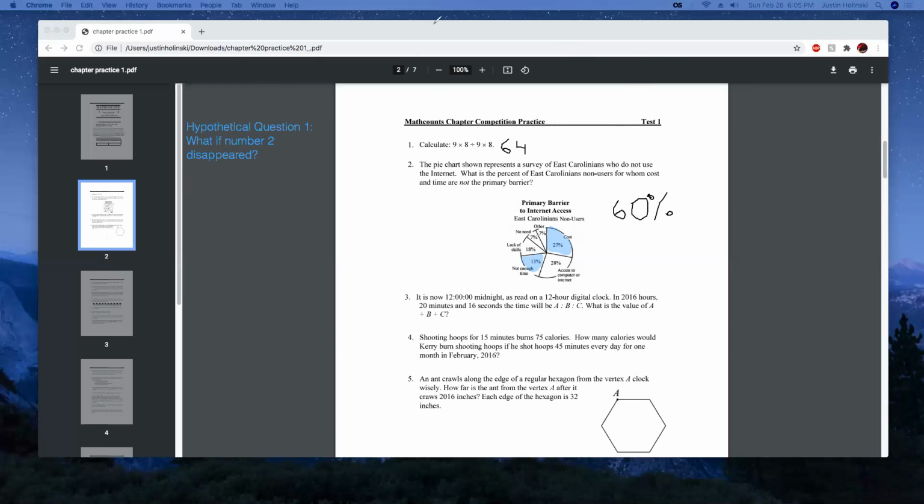Also, look at the left of your problem. Ooh, hypothetical question. What if number 2 disappeared? I think someone is threatening to remove some of our problems. I think my old hacker is back. Sometimes in one of my algebra classes, I have a student who pretends he's a hacker and he tries to erase some of the problems. I think he's hacking me right now.